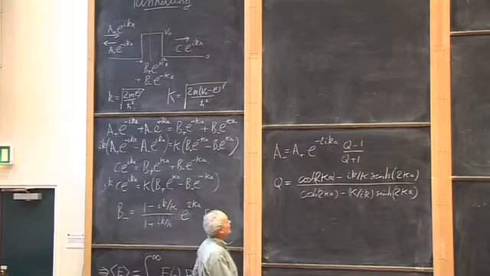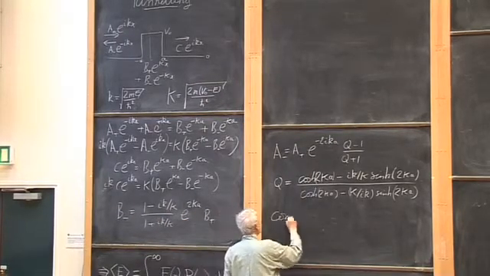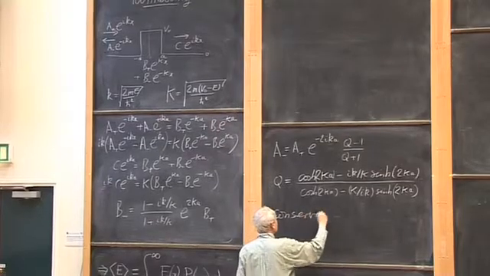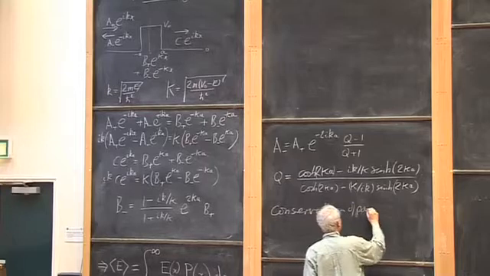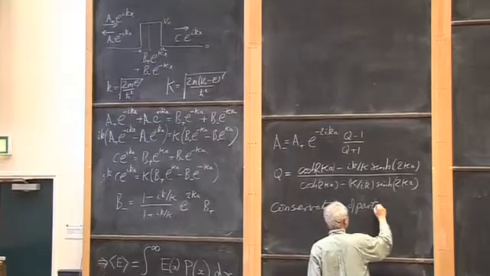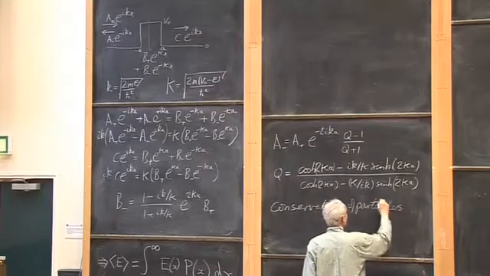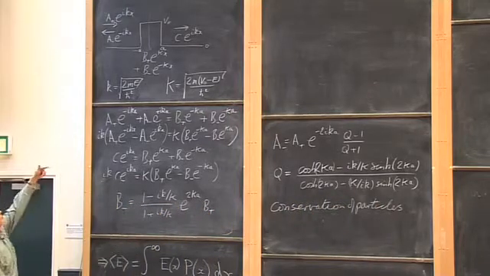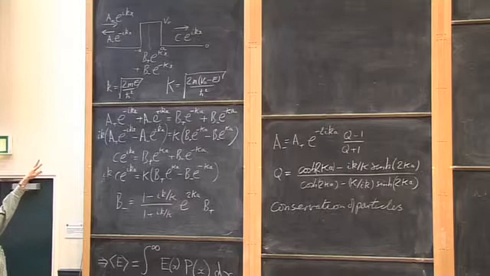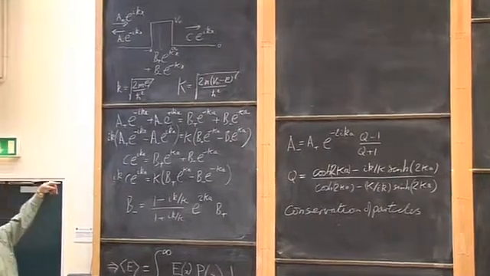It's easier to say that, look, there's going to be conservation of particles. We've got a well-defined theoretical apparatus here, which conserves probability. So the incoming particles, the A plus, are all going to go out at the end of the day, either to the left or to the right.